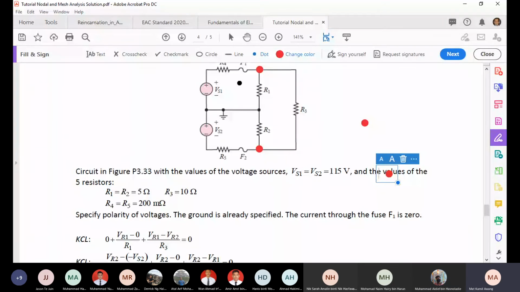This one there is no current flowing because this is an open loop, so you discard this one. So for this one, basically you have VR1 plus VR3 plus VR2 equal to 0, and another one was VS2 plus VR2 plus VR5 equal to 0.